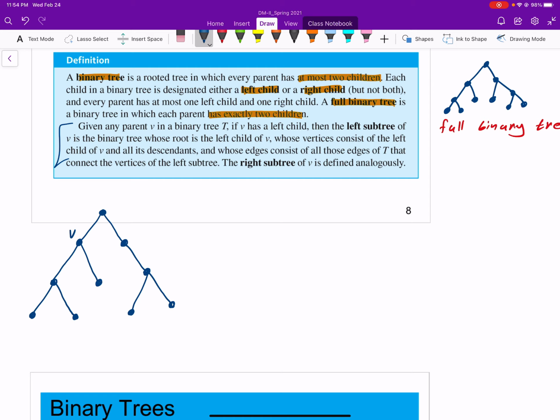If v has a left child, of course it has a left child. This is the left child. Then the left subtree of v is this.